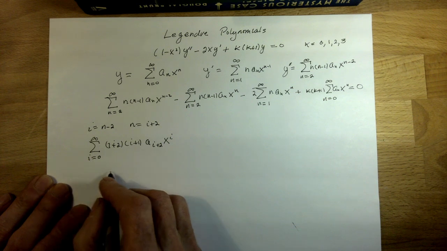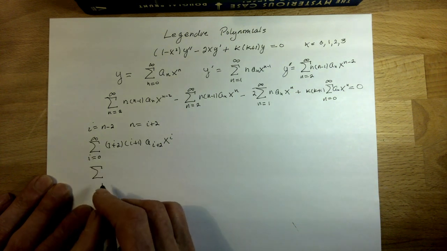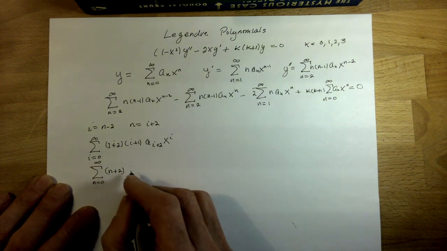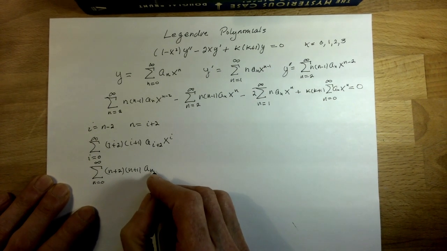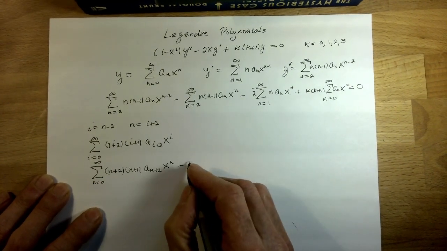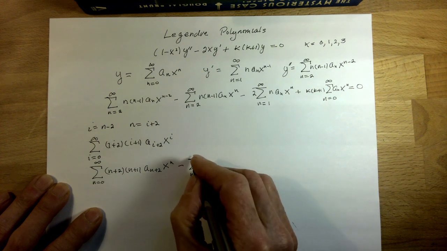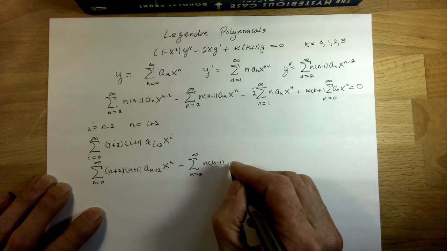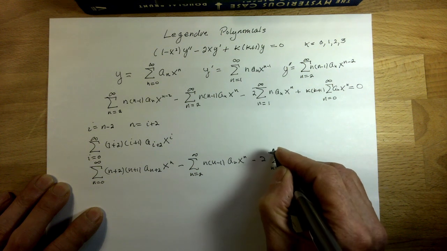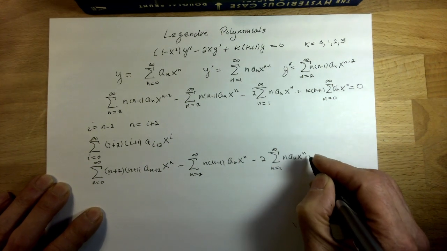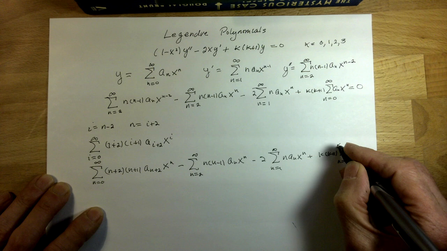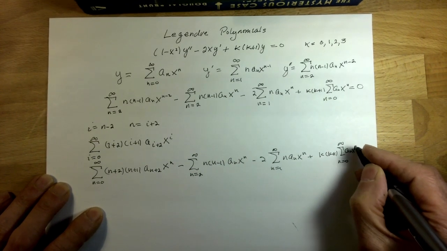We're going to have the sum n equals 0 to infinity of n plus 2, n plus 1, a sub n plus 2, x to the n, minus the sum n equals 2 to infinity n times n minus 1 a sub n x to the n, minus the sum n equals 1 to infinity 2n a sub n x to the n, plus k times k plus 1 times the sum n equals 0 to infinity a sub n x to the n. All that equals 0.